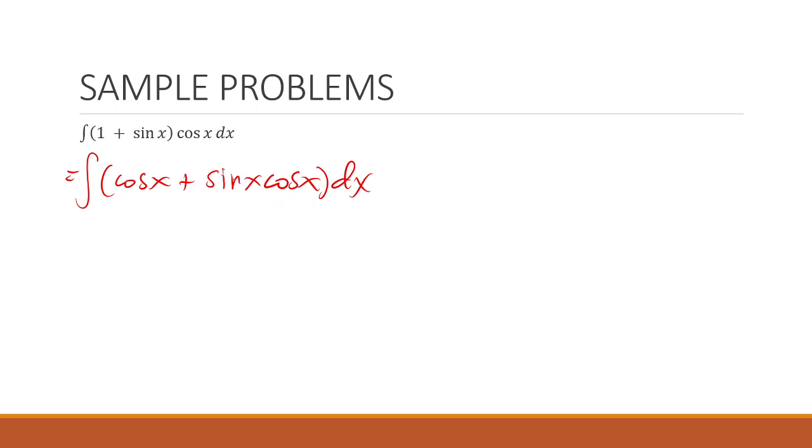So pwede pa rin. Or before you apply u sub, you can apply the double angle identity for sine. Okay, kasi nga, di ba, sine 2 theta equals 2 sine theta cosine theta. So itong sine x cos x is similar to this expression, kulang lang ng 2.